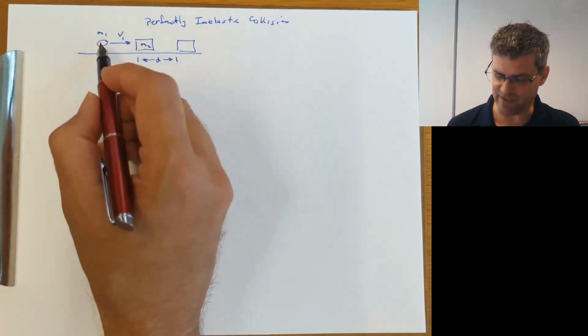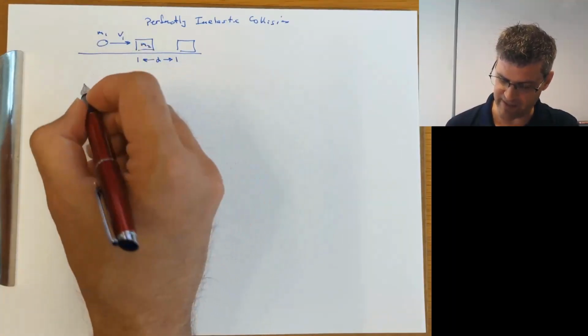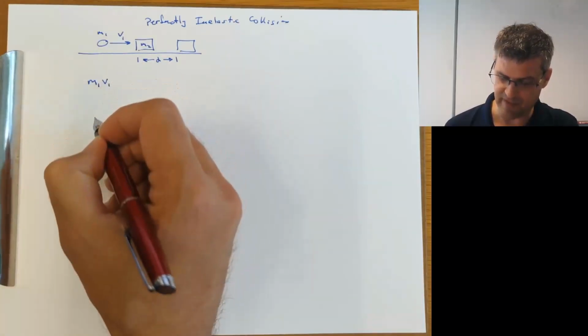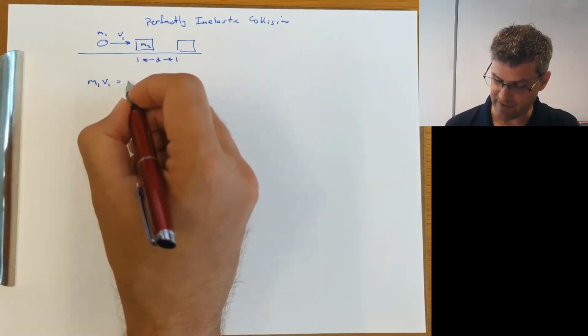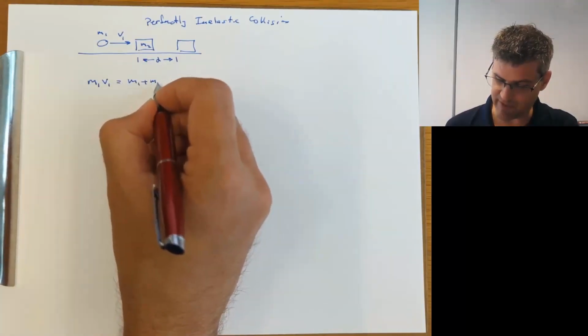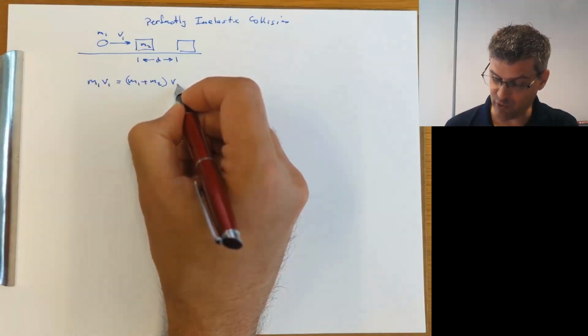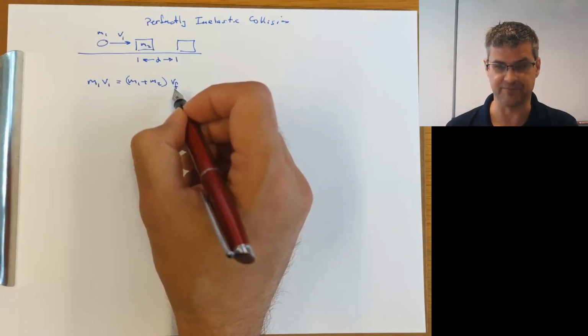Now these are the two things that are colliding, m1 and m2. And m2 is initially at rest. So the initial momentum in the problem is m1 v1. After the collision, the two objects become one object, and the composite new object is going to move off at some final velocity v.